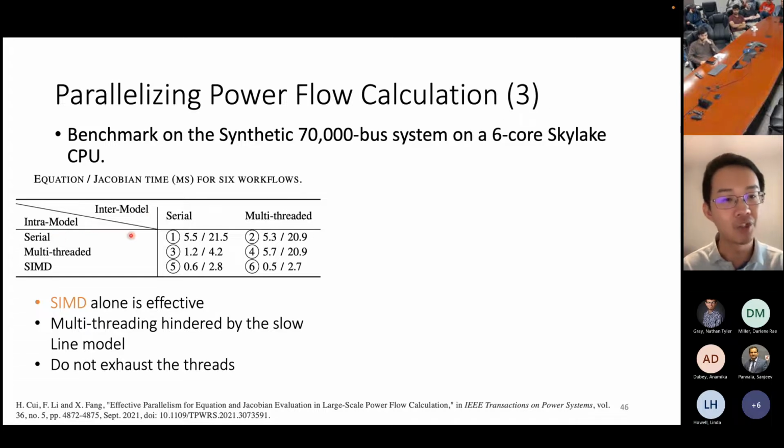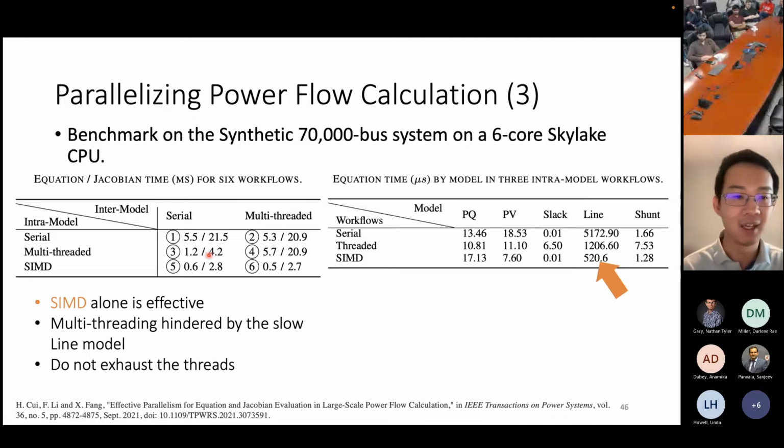A traditional serial calculation achieves equation evaluation in 5.5 milliseconds. But if we parallelize those models, we calculate lines in parallel with the shunts, for example, and we can achieve a reduction to 1.2 milliseconds.